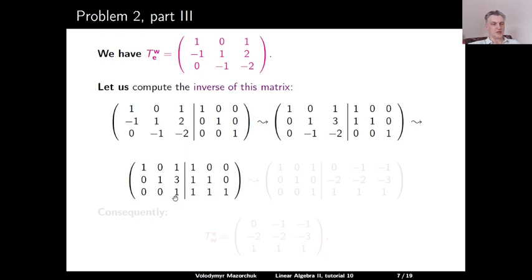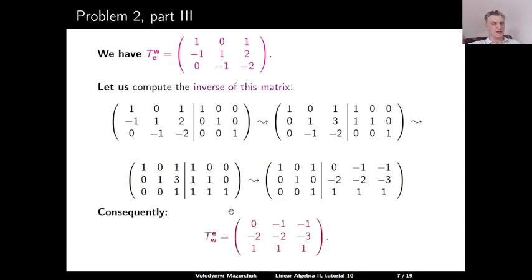Now we can use this one to kill 3 and 1. So we subtract row 3 from row 1, and we subtract 3 times row 3 from row 2. So row 3 remains the same, row 1 becomes 1, 0, 0, 0, minus 1, minus 1, row 2 becomes 0, 1, 0, minus 2, minus 2, minus 3, and row 3 is 0, 0, 1, 1, 1, 1.